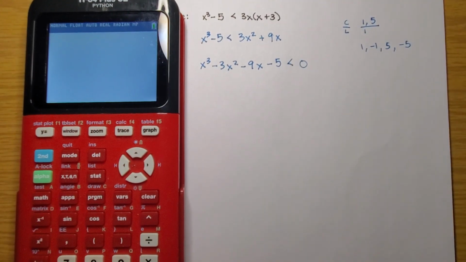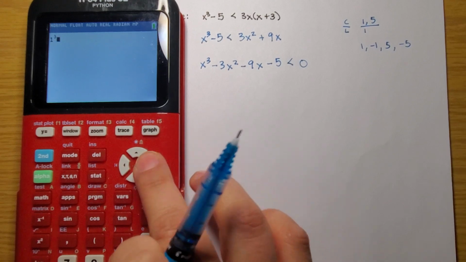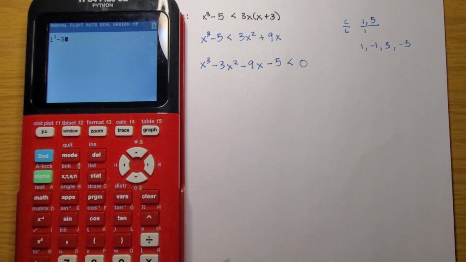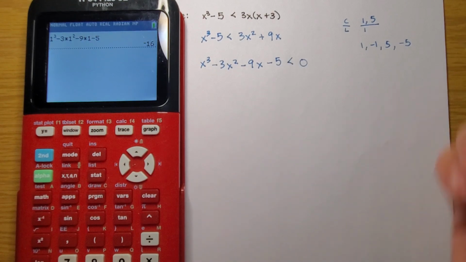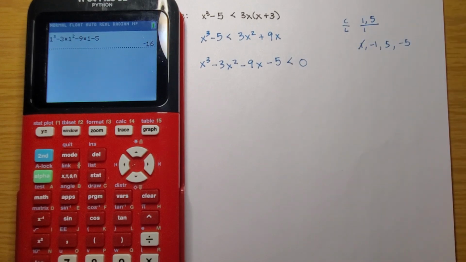So let's plug in 1: 1 cubed minus 3 times 1 squared minus 9 times 1 minus 5. Okay, that gave me a -16, so that won't work.